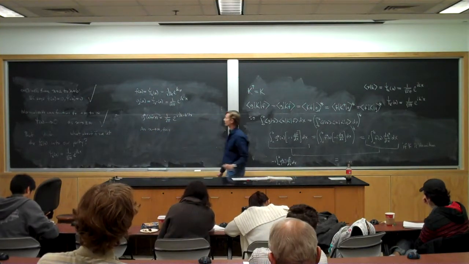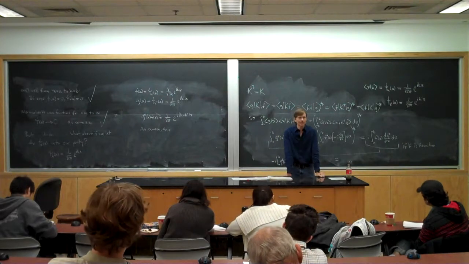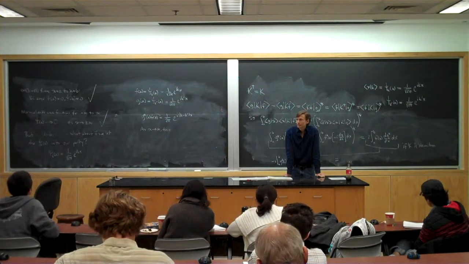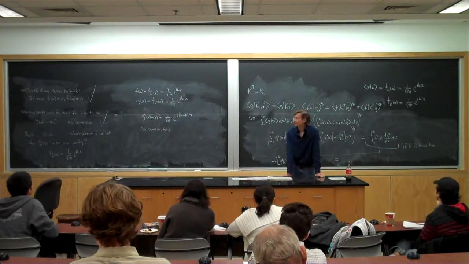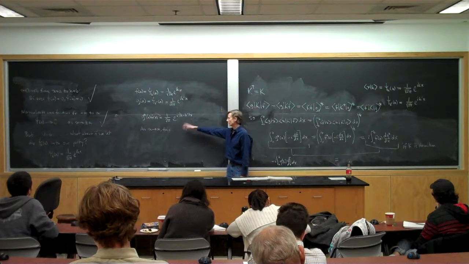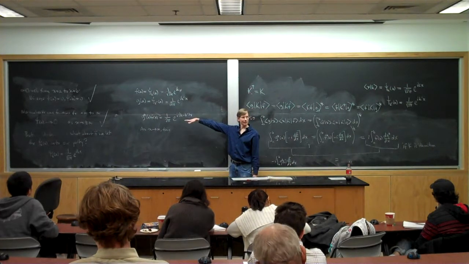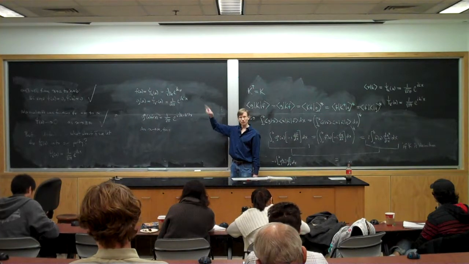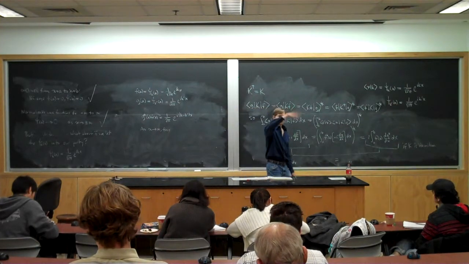What does this do as x goes to infinity? Does it approach a limit as x goes to infinity? It doesn't, right? Because this is 1 over 2 pi times cosine of (k minus k prime)x plus i sine of (k minus k prime)x. Cosine and sine just wiggle, wiggle, wiggle.